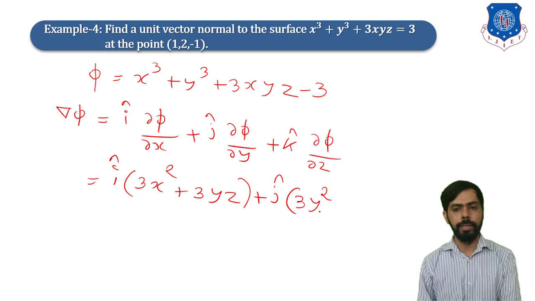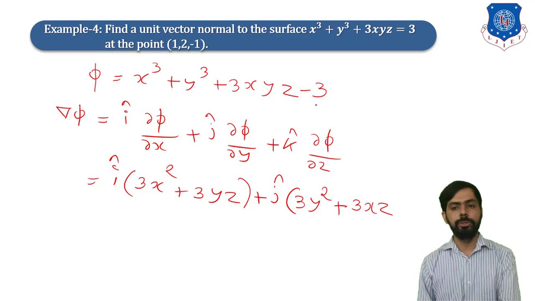The third term 3xyz has derivative 3xz, because 3xz are constant and the derivative of y with respect to y is 1. Clear? And the last term is constant, so its derivative will be 0.